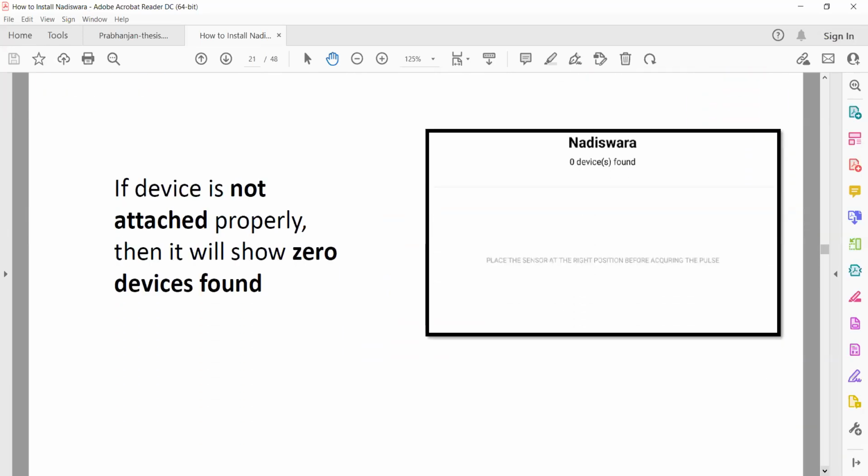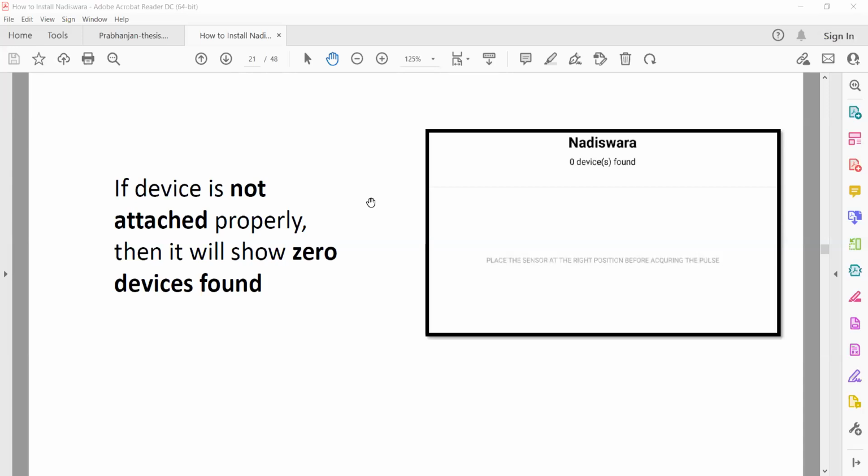The moment you click on pulse acquisition, this is a window you are going to get. If no device is connected, it won't show the device ID. You can see the message here that 0 devices found. That means your sensor is not connected properly. Make sure that the sensor is connected properly.